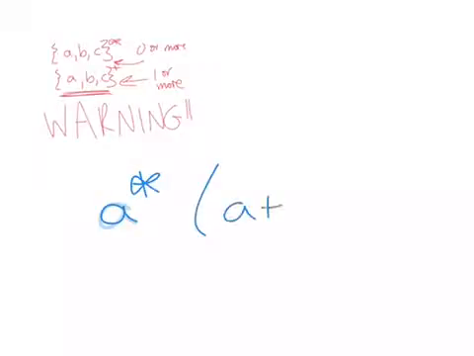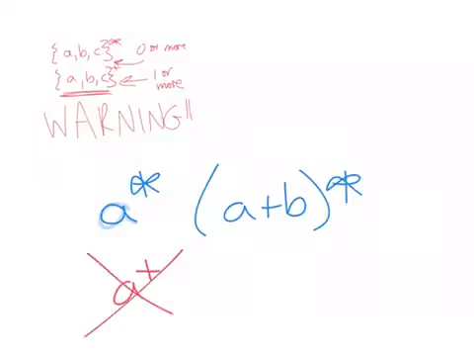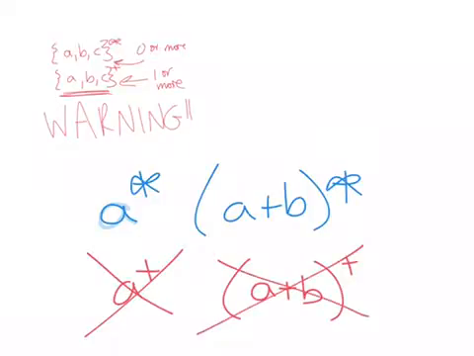You can talk about A plus B star, whatever, right? But you cannot talk about A plus. There is no A plus in regular expressions. You can't talk about A plus B with a superscript plus, right? You can't do that. The only pluses in regular expressions are the pluses that mean union, right? Okay, that's it.